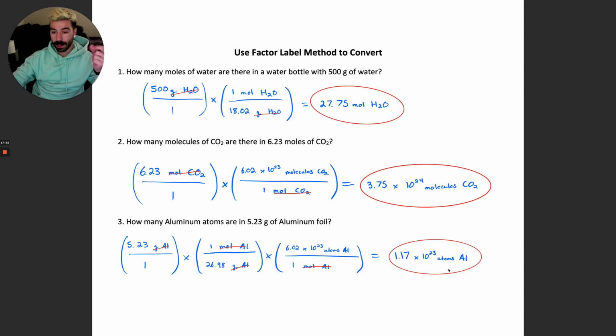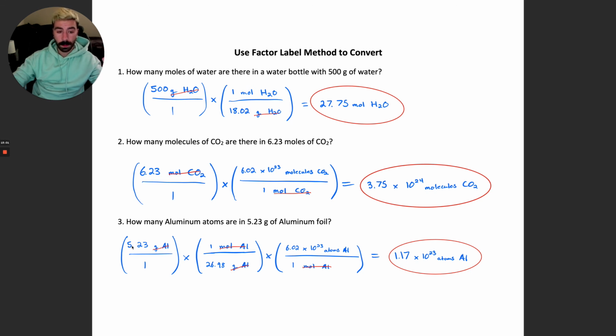And we say, okay, does that answer make sense? Well, how many atoms are in this many grams of aluminum foil? We have 5.23 grams. And how is that related to a mole? Well, the molar mass is 26.98, so that's significantly less, less than half for sure.